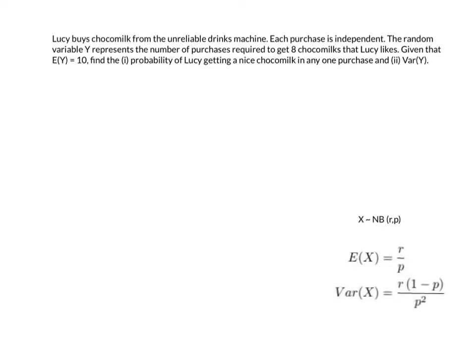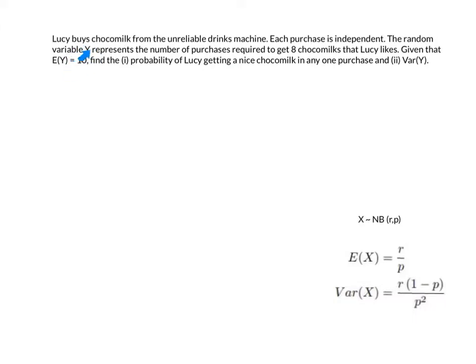Okay, well, let's move on to a slightly different example. We're looking at Lucy's purchases now. Lucy doesn't like tea. She buys choco milk from the unreliable drinks machine. Each purchase is, of course, independent. The random variable Y represents the number of purchases required to get 8 chocolate milks that Lucy likes. So she wants to get 8 good ones, and there's a random variable Y on how many purchases it takes.